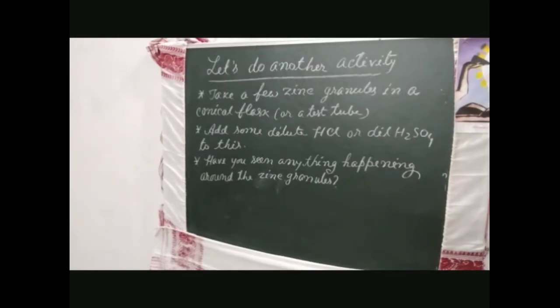Let's have another activity: take a few zinc granules in a conical flask. You may also take a test tube there. Add some dilute hydrochloric acid or dilute sulfuric acid to this. Have you seen anything happening around the zinc granules?